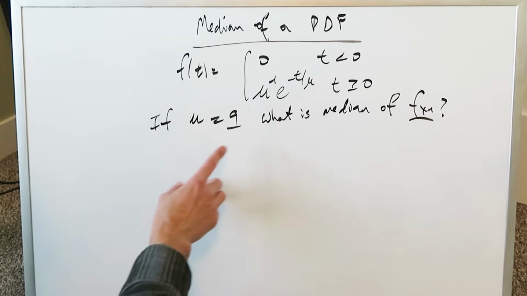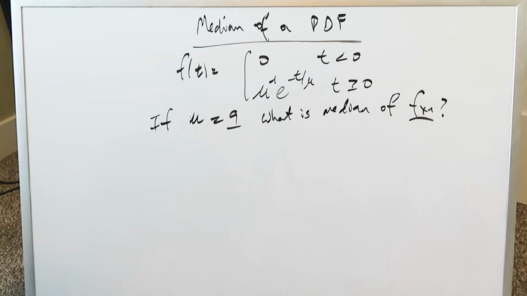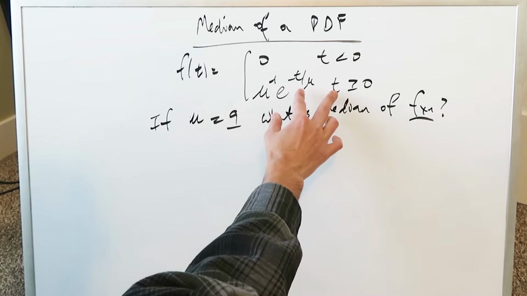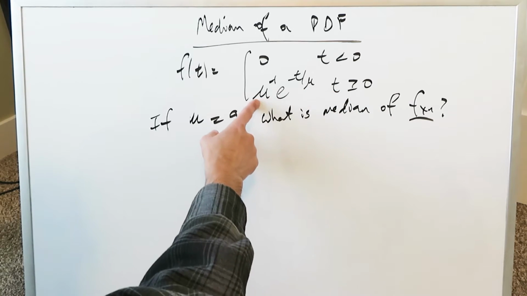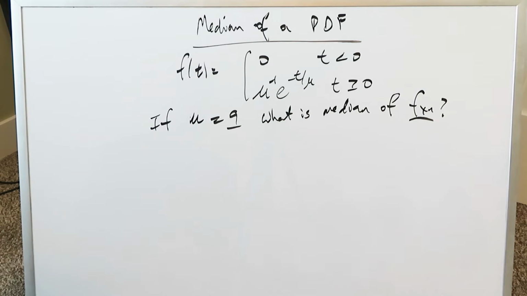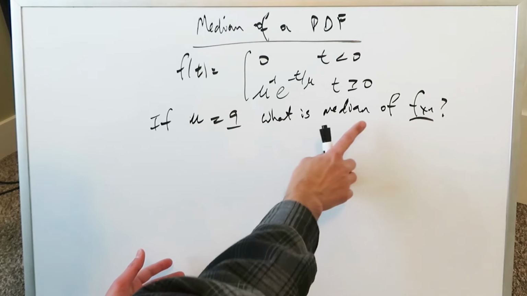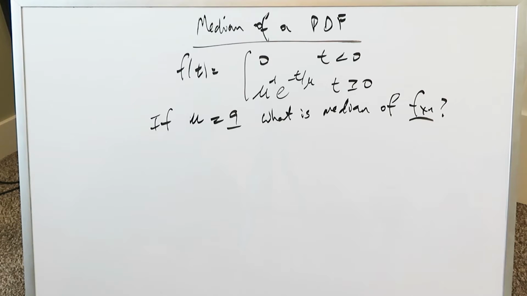And we remember this was the function we presented in that video. f of t was equal to 0 for those values of time t less than 0, and it was equal to this specific function where the values were greater than or equal to 0. This symbol over here, mu, was the mean of that probability density function, and in that specific example it was 9 minutes. What is the median of the function that is present before you?